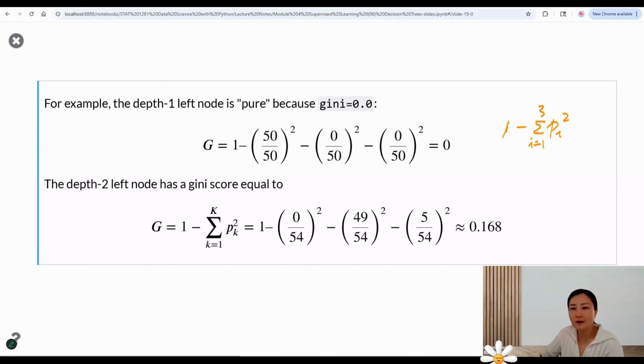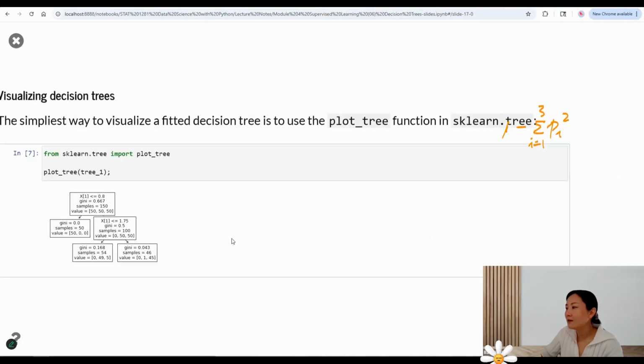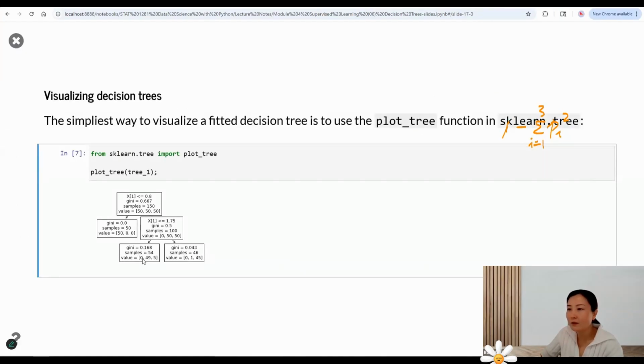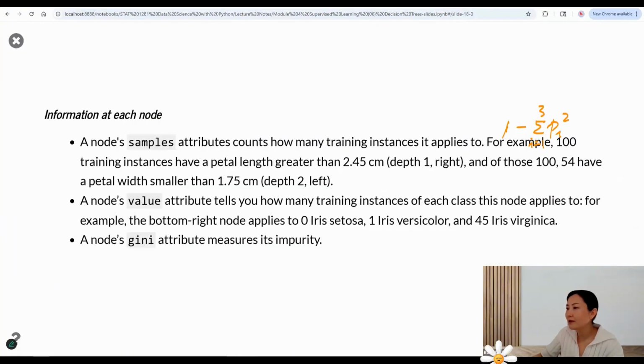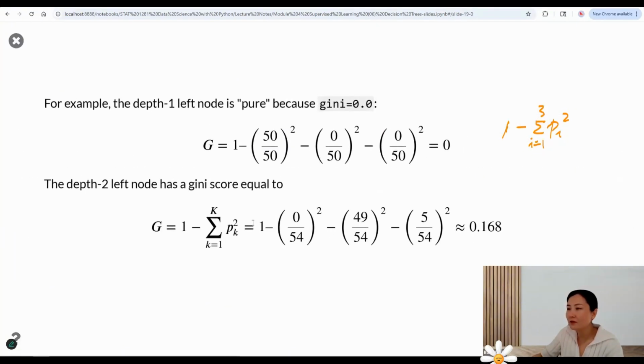That's very clear, right? And then for the depth 2 left node, the value vector is 0, 49, and 5. If we calculate the Gini at this node, it is 1 minus 0 over 54 squared, minus 49 over 54 squared, minus 5 over 54 squared.